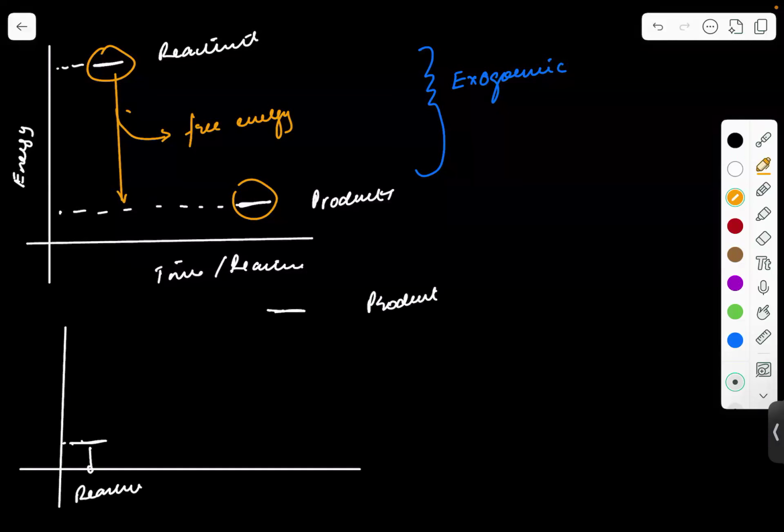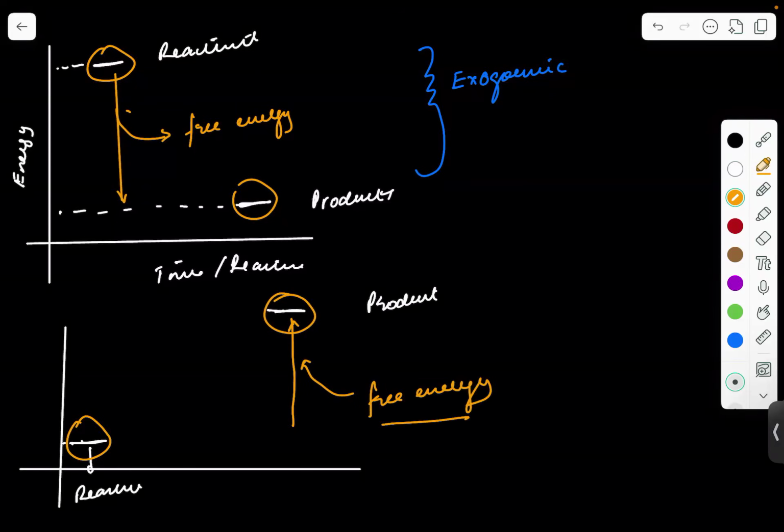So now you're starting off with something that has low energy and ending up with something that has a lot more energy. There's an energy increase. So what are you doing? You're supplying free energy. You're going up a hill. It's incredibly difficult to do that.